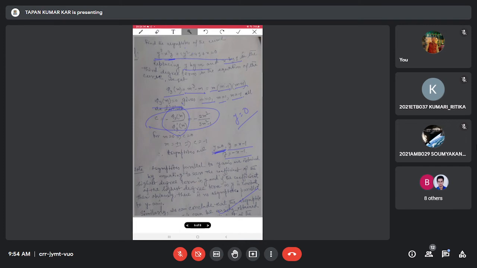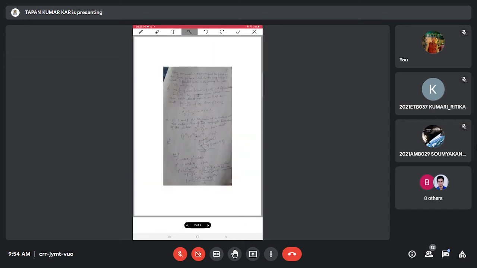Just check the highest power of x, take its coefficient equal to 0, and you will get the asymptotes. Take the coefficient of the highest power of y equal to 0, and you get the asymptote. So in only 2-3 lines you will get all the asymptotes. That's why I am repeating it.